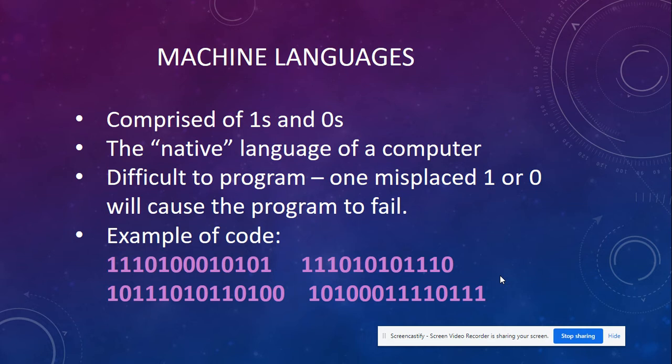They take these machine languages and actually run programs, just ones and zeros, bits and bytes, kilobytes. This is really hard to program in because one misplaced one or zero will cause the program to totally fail. So every bit and byte has to be in order. And like I said, this is almost impossible for somebody to code in.